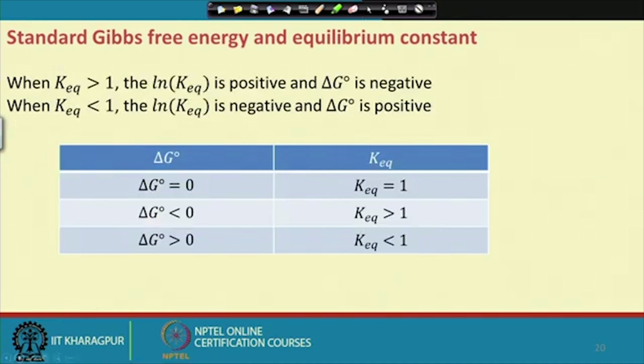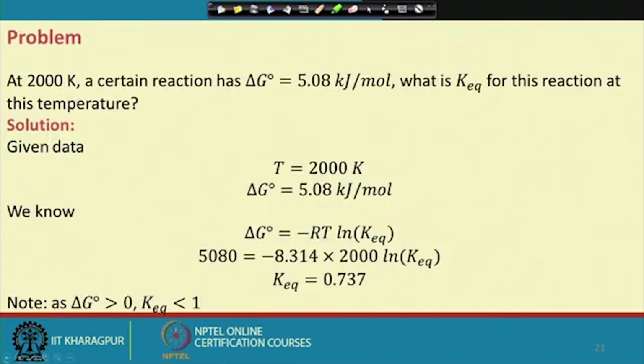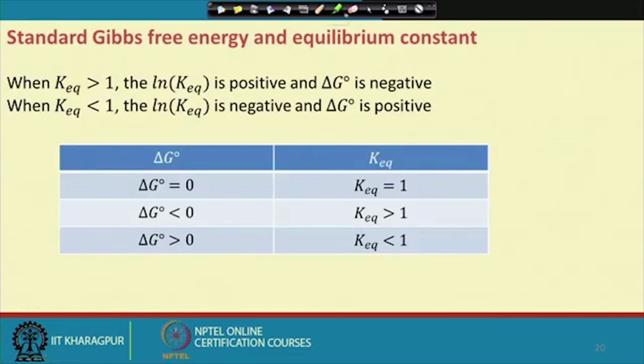Now, the very interesting thing is that if the equilibrium constant K is greater than 1, then ln K is positive and the standard del G is negative. If K is less than 1, then ln K is negative and del G will be positive.